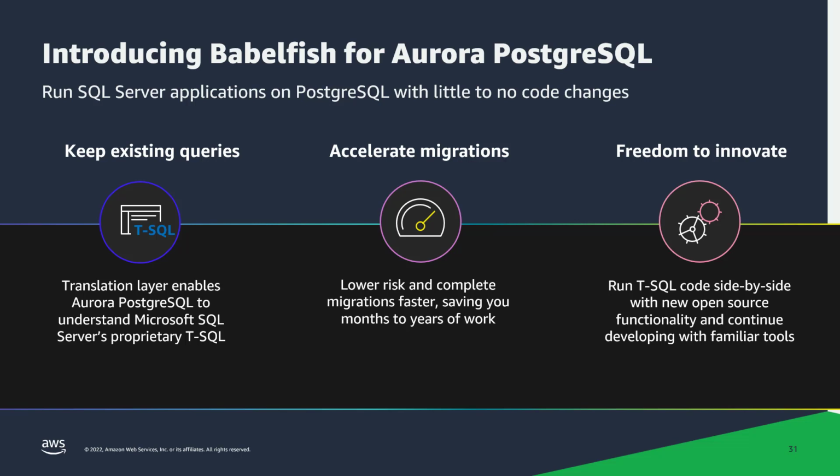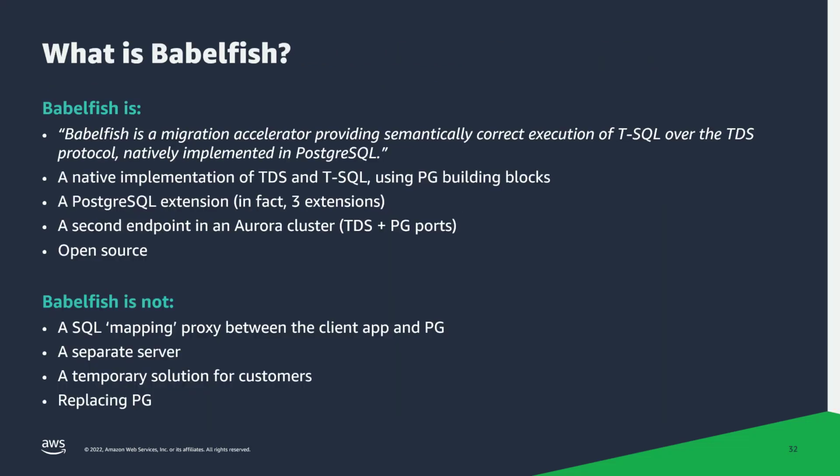Let's go a bit more into the details of what Babelfish is. It is an Aurora Postgres extension which provides T-SQL capabilities to an Aurora Postgres instance. The Babelfish endpoint supports TDS, or Tabular Data Stream, SQL Server's wire protocol, enabling applications to connect to Aurora using SQL Server drivers. It is an open source project built together with a diverse community of contributors.